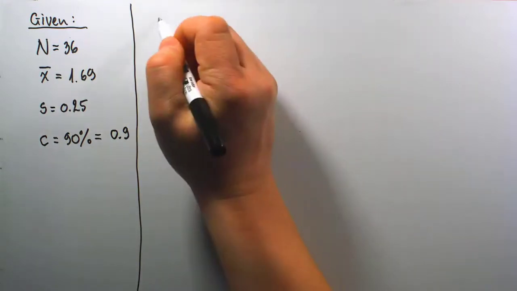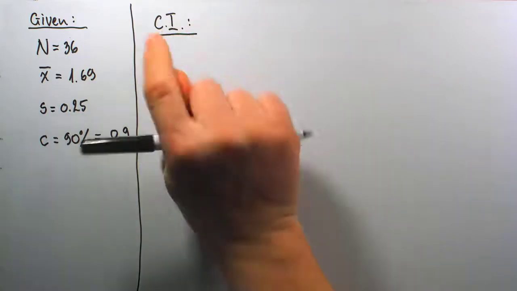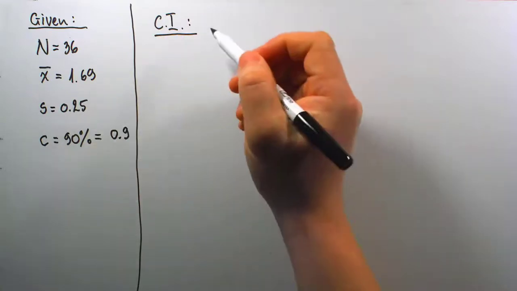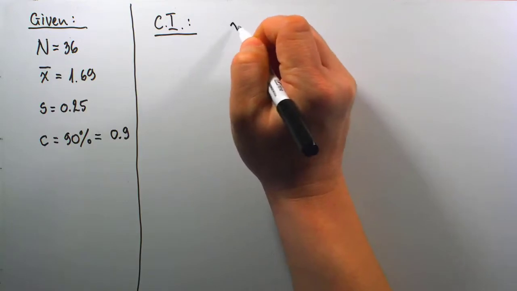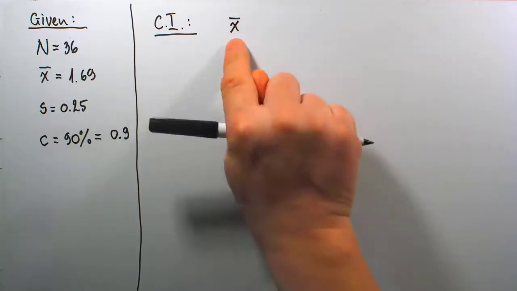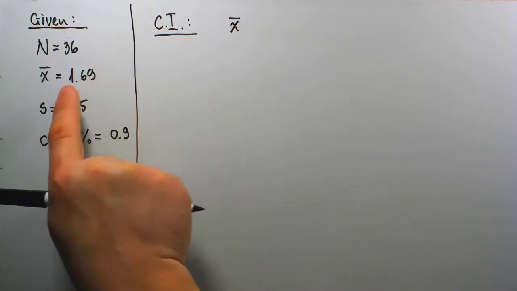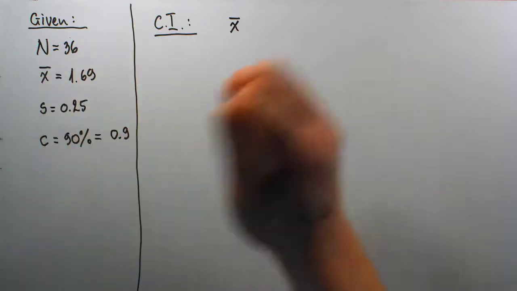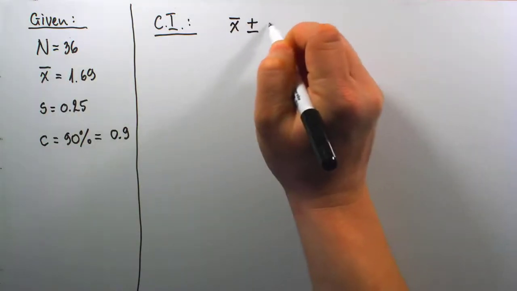Then the final confidence interval, and recall that CI here stands for confidence interval, must be in the form: from where we found our sample value, in this case the sample mean, we must add and subtract an amount that we call the margin of error.